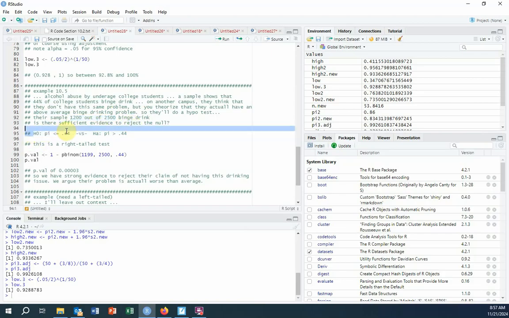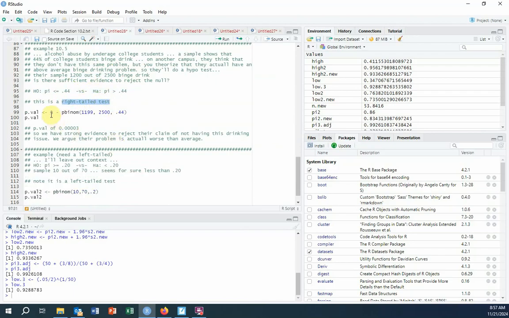So here's our null hypothesis, 44%, and we think that it's bigger than 44%. So this is a right-tailed test. So I'm going to use 1 minus the pbinom function, the binomial probability function. This will tell me how extreme it is, assuming 44%, assuming the null hypothesis is right. Okay, now notice it's 1,199.